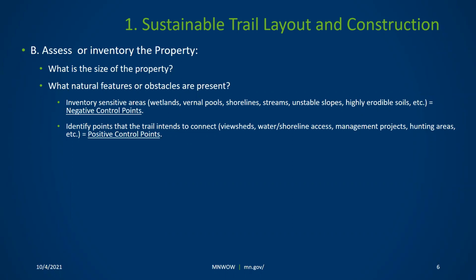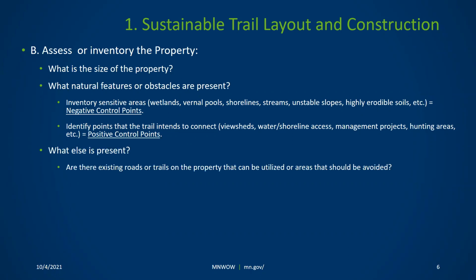We'll also want to identify what the trail intends to connect the user to, and that includes things like view sheds, shoreline access, some management areas or projects that you're working on, hunting areas, and those would be positive control points, the areas we want to carry the trail towards and can be in closer proximity.